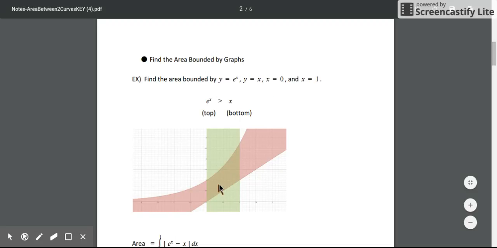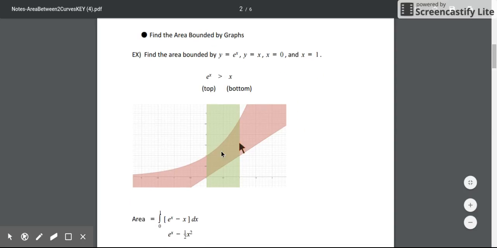So what we can do is we can use these vertical lines, not functions, to be the bounds of our interval. So I'm going to integrate from 0 to 1. And I'm going to integrate the area underneath this curve, and I'm going to integrate the area under this line, and I'm going to subtract this lesser function from my top function, and that gives me the area in between.